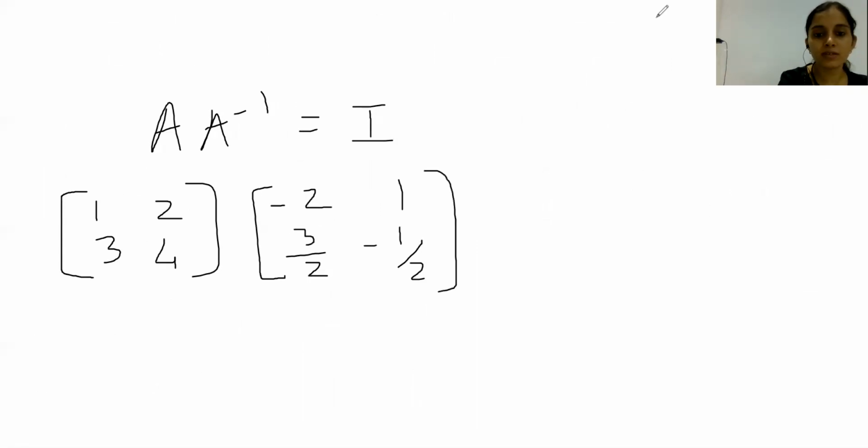Okay. So let us multiply this. What will we get? First row, first column will be minus 2 plus 3, that is 1. Okay. Then first row, second column, 1 minus 2.